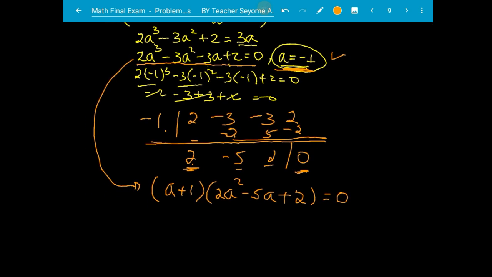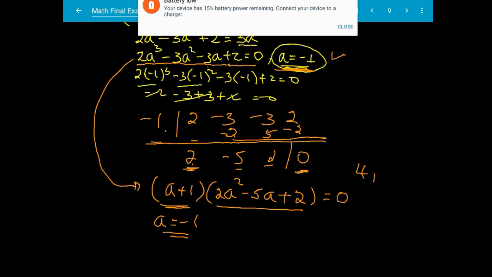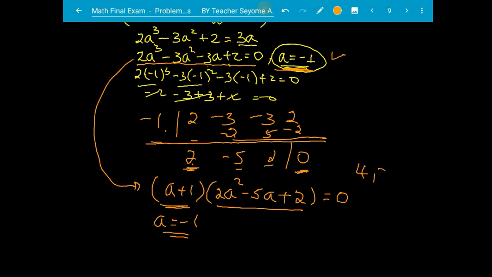The root minus 1 is already known. To find the others, use factorization: two numbers whose product is 4 and sum is minus 5 are minus 4 and minus 1.